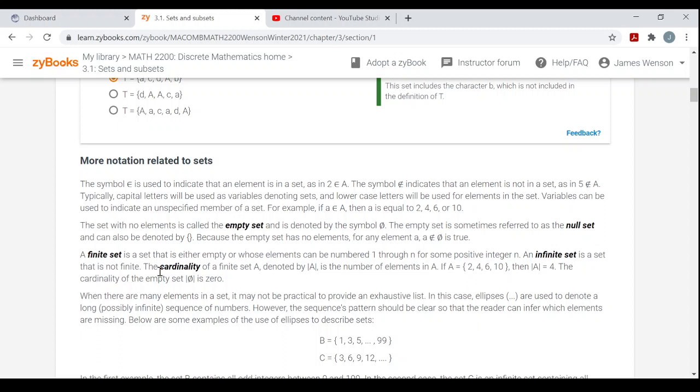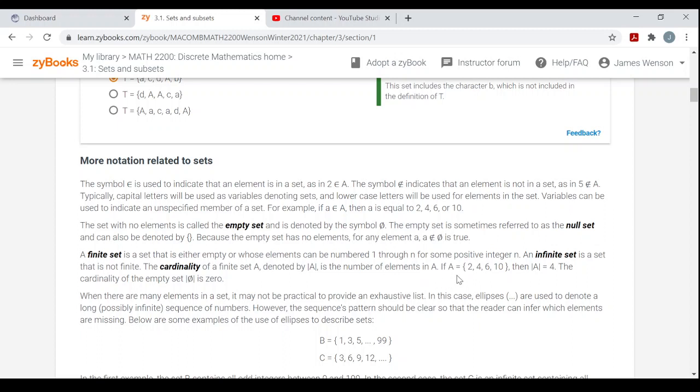Another definition, the cardinality of a finite set A is denoted by, now it looks like this symbolism here looks like the absolute value of A, but it's not. The capital A here represents a set, not a number. So it's not the absolute value of A, it's the cardinality of A. And it's just the number of elements that A has.